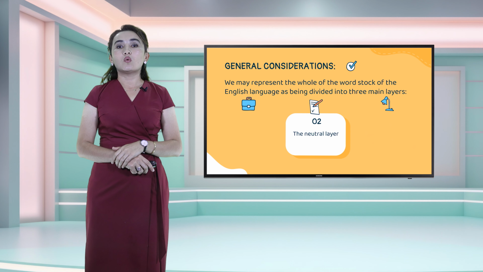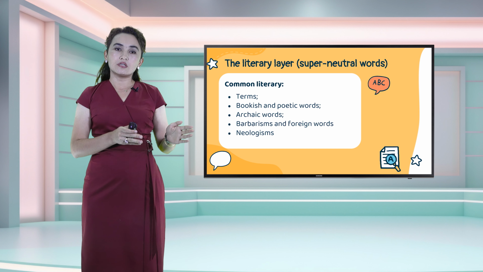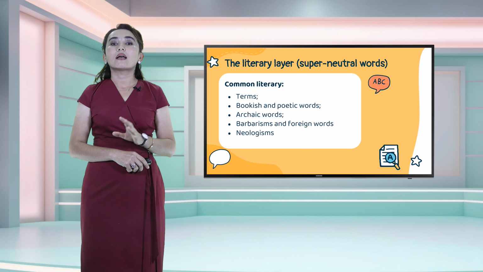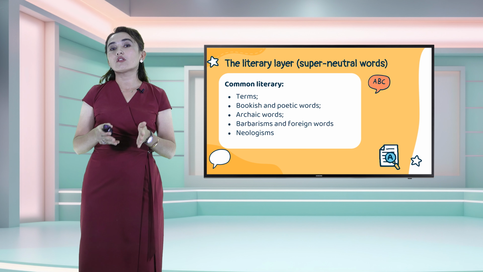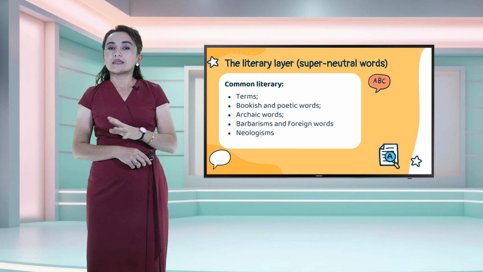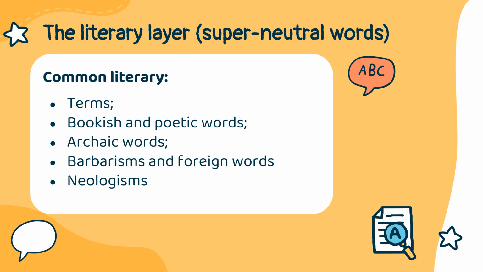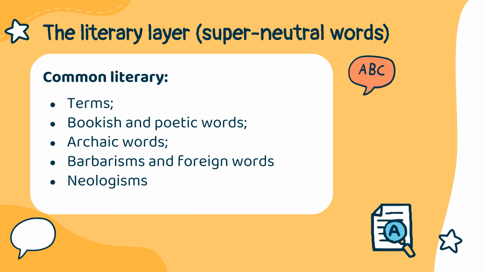Let me give you detailed information about each layer. For example, the first one, the literary layer, as I have mentioned above, is also called super-neutral words. It consists of the following groups of words. So even the literary layer itself is divided into subgroups as well.